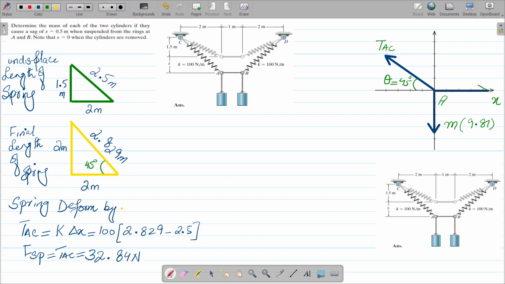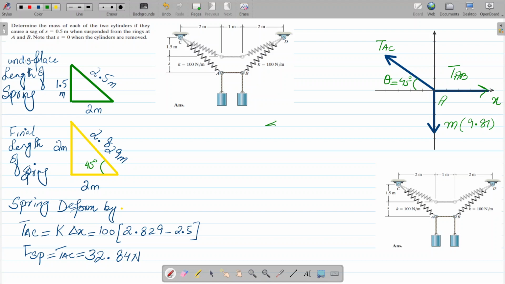This is going to be T_AB. This point is A, and we are considering point A. We are interested in calculating the mass of the cylinder at point A. Even though we have forces along x, T_AB, and the horizontal component of T_AC, we are just going to calculate sigma Fy.